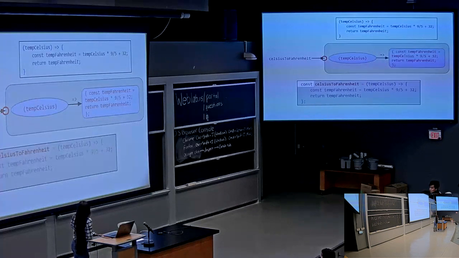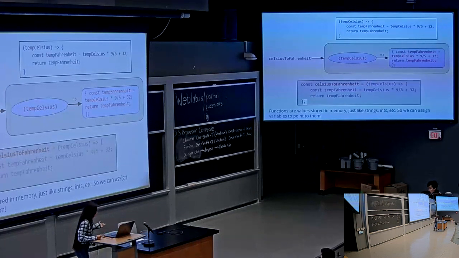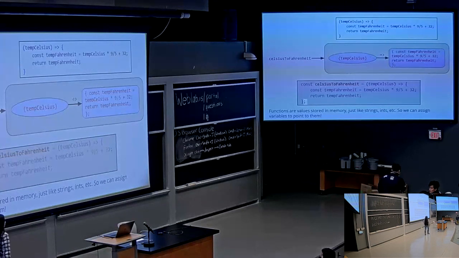We don't want to change what this variable name is pointing to. So we declare it with const, and we say the name equals the value that we want to set the variable equal to, which in this case is just the function, and then our semicolon. So the bottom line of this slide is that functions are just values that we store in memory, just like strings, integers, whatever, and so we can have variables that point to them.